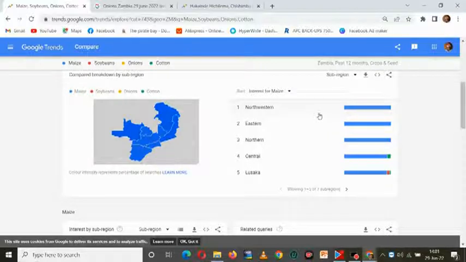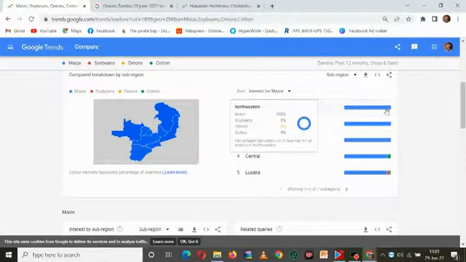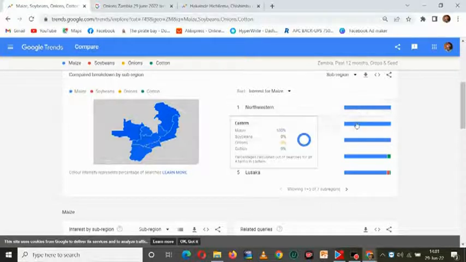And if you are looking for where these crops are grown, now you can come here and see maize. For that whole period that we have selected, which is the past 12 months, 100% of the people in Northwestern Province have been searching for maize, and 0% elsewhere.